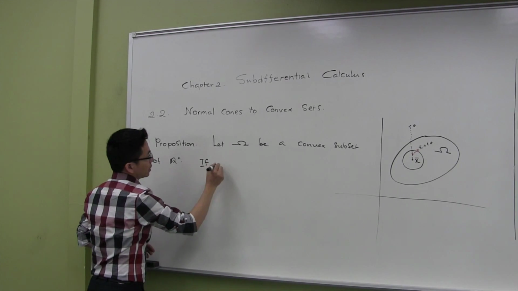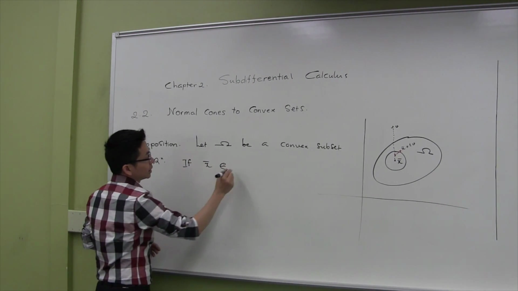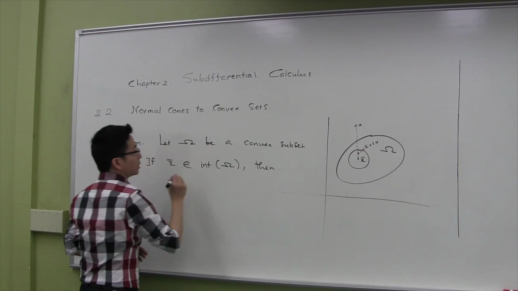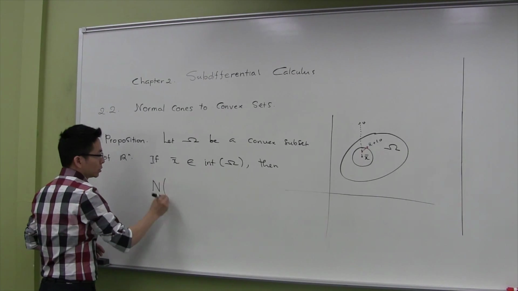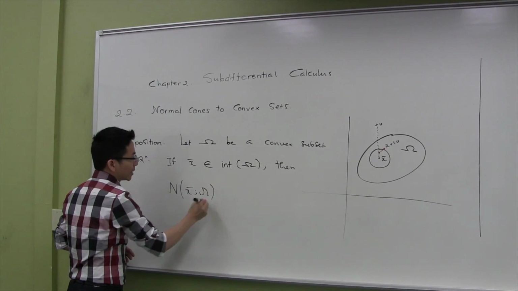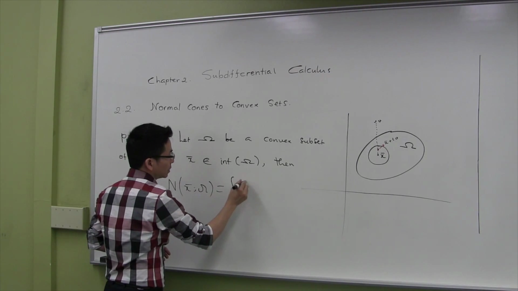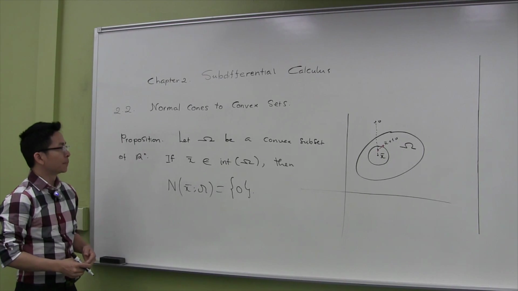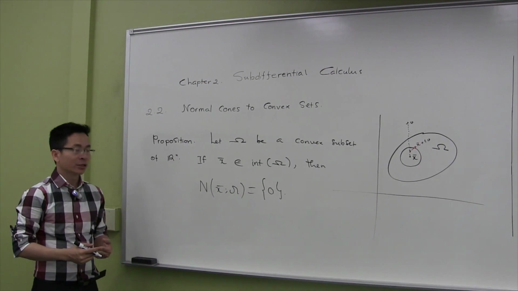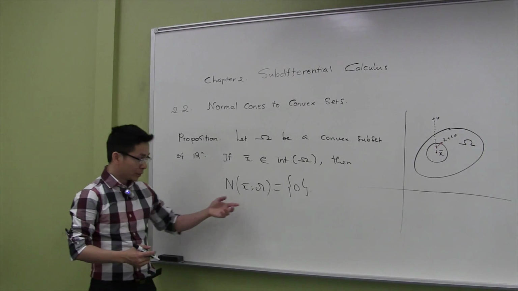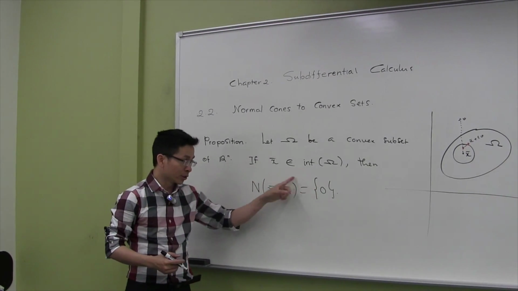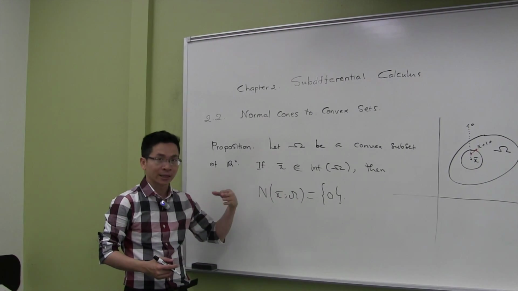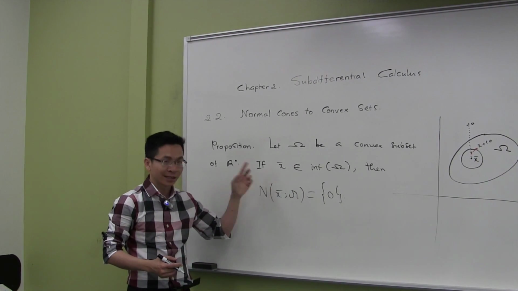If x bar belongs to the interior of omega, then the normal cone to the set omega at x bar reduces to the vector 0. Okay, so from the definition of the normal cone to convex sets, we see that 0 always belongs to the normal cone to the set omega at x bar for any point x bar in omega.